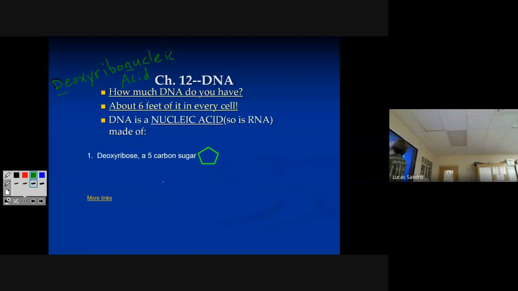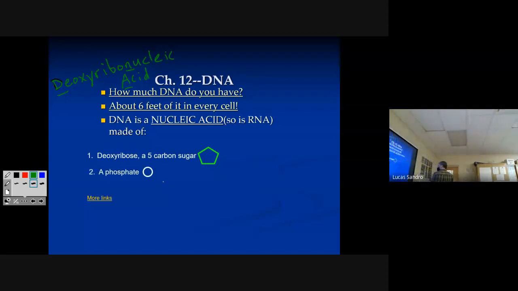So if it was ribose in this spot, what would we be building? Oh, 3rd period. You are sleepy. DNA is deoxyribonucleic acid because it has deoxyribose as its 5-carbon sugar. We'd be making RNA if we were using ribose instead of deoxyribose, and we'll get there.